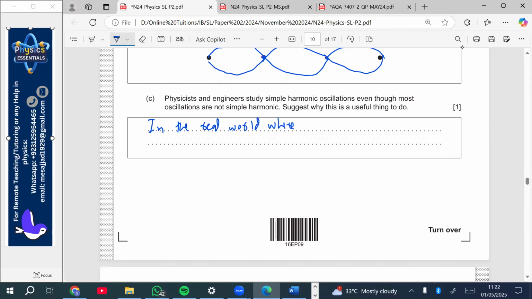Damping means air resistance or the frictional losses in the oscillations. If your damping is very small, the real systems behave like simple harmonic systems.